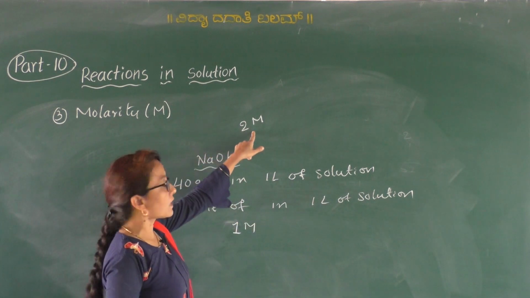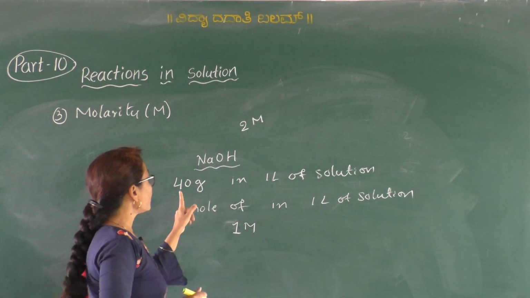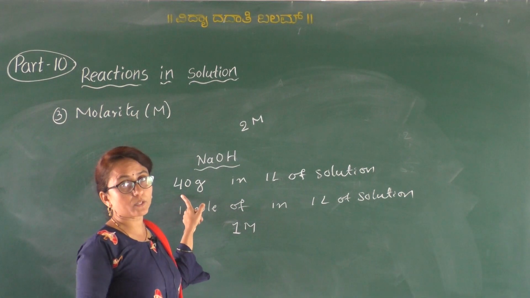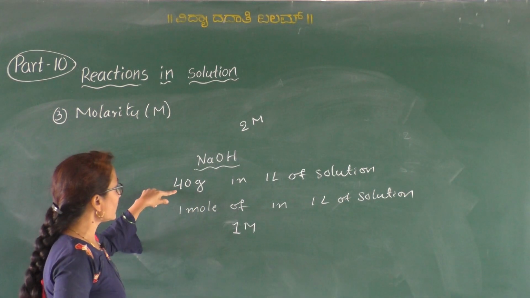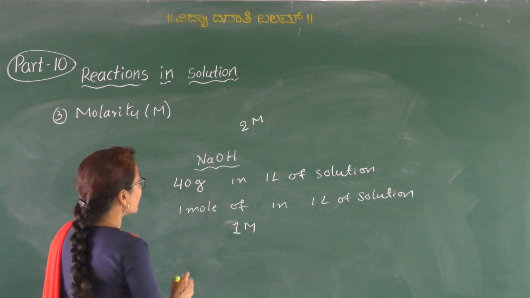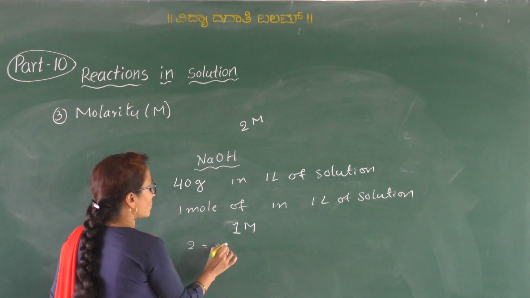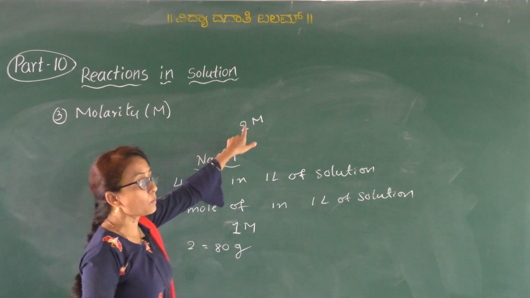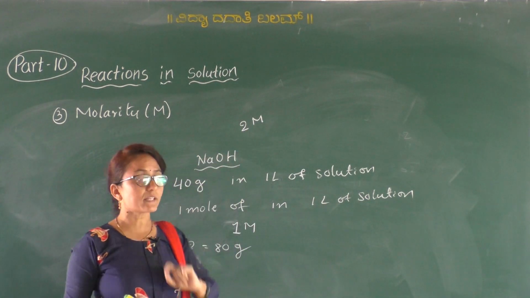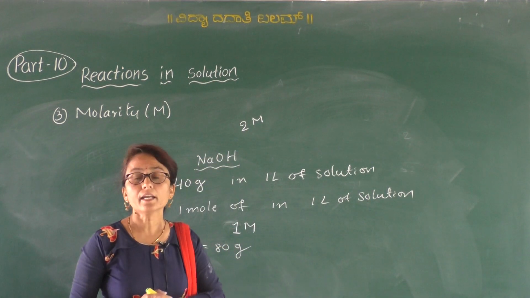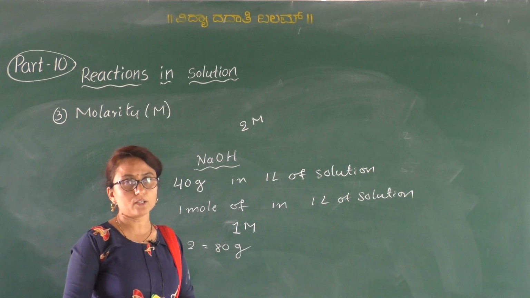Therefore, a 2 molar solution contains 80 grams of sodium hydroxide, because 1 mole is equal to 40 grams, so 2 moles of NaOH is equal to 80 grams. Therefore, a 2 molar sodium hydroxide solution contains 80 grams of sodium hydroxide.